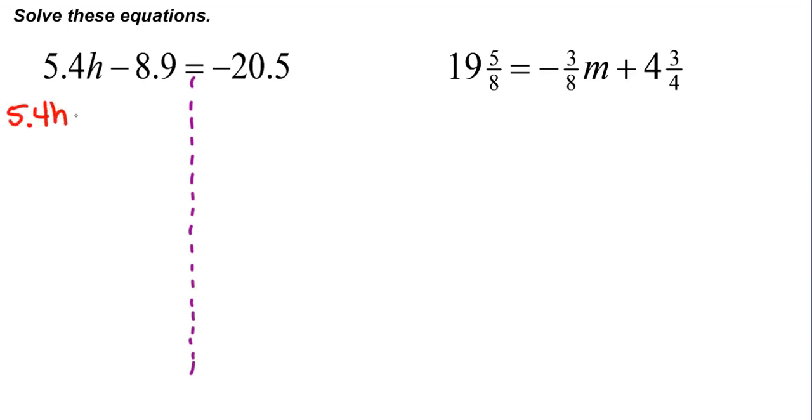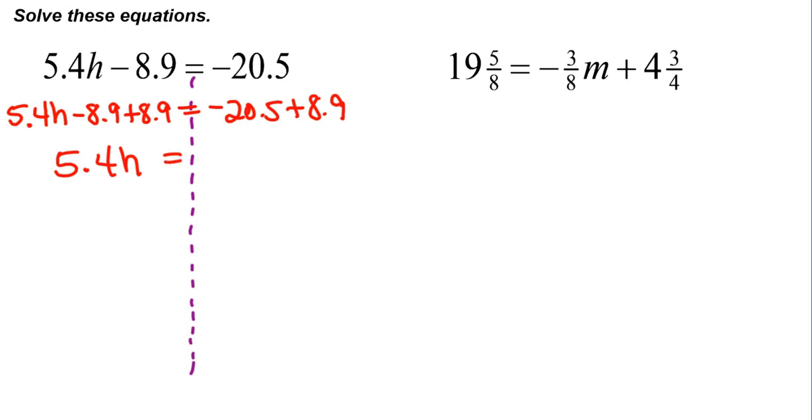So I have 5.4h minus 8.9 plus 8.9 is equal to negative 20.5 plus 8.9. These two terms on the left-hand side will cancel each other out, leaving me my 5.4h. And that's going to be equal to negative 11.6. So there's step one, I undid the subtraction. And now I need to undo the multiplication.